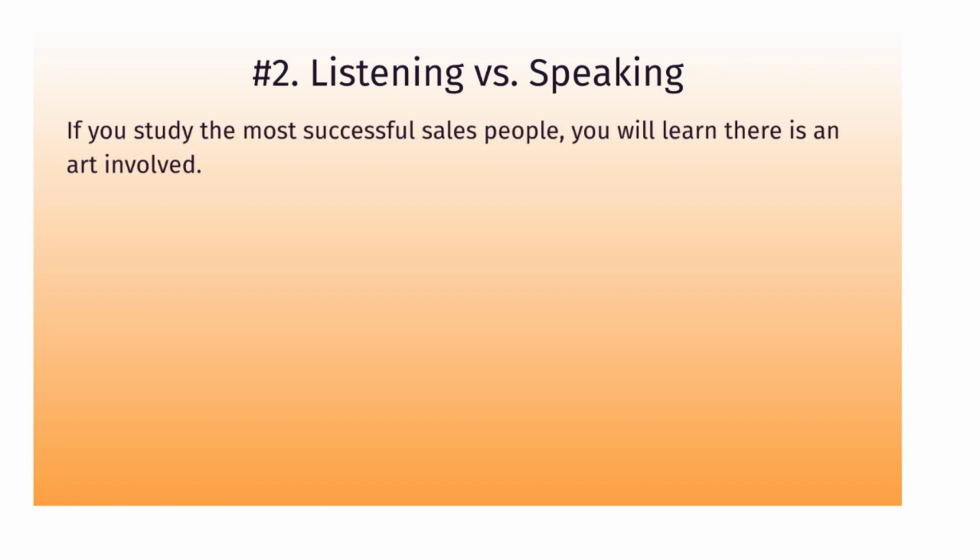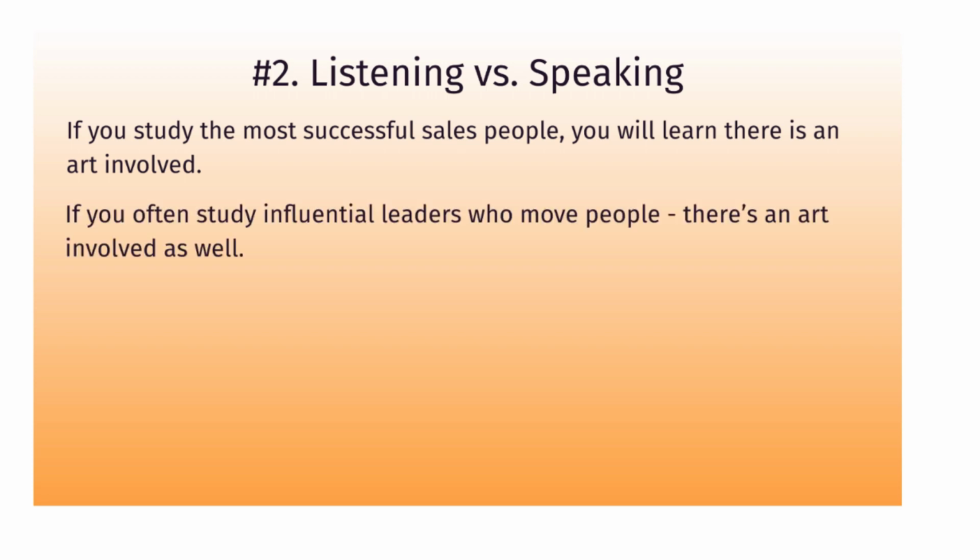Now, if you study the most successful salespeople, you will learn that there is an art involved. And if you study, for example, influential leaders who move people and have people following them, there's an art involved as well. There are several different types of leaders.